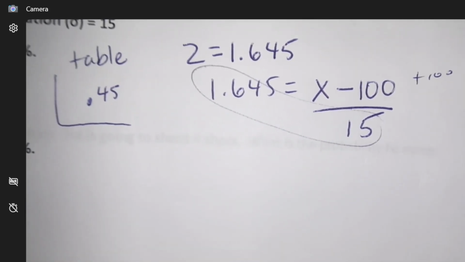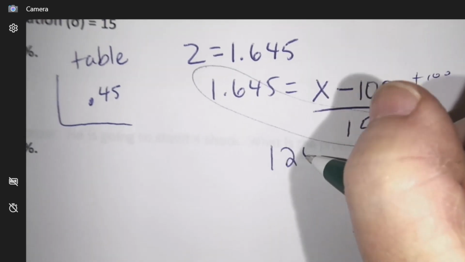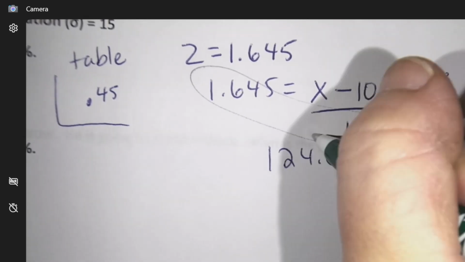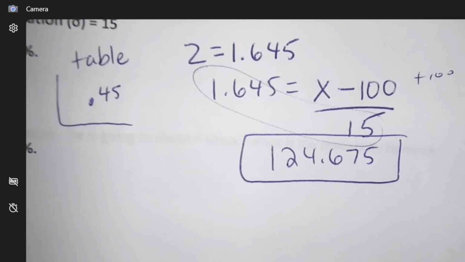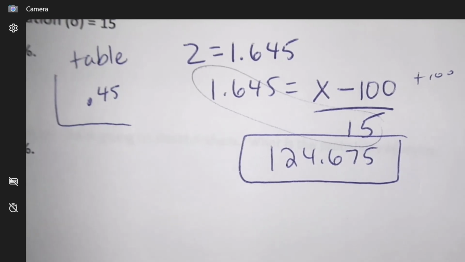I'm going to do that at the same time if that's okay with you. Okay, so now we took percents to z-scores to actual scores, right? We can do all those things now.